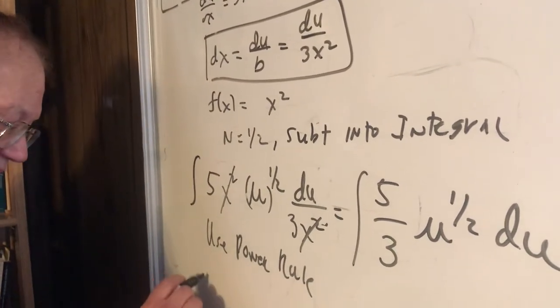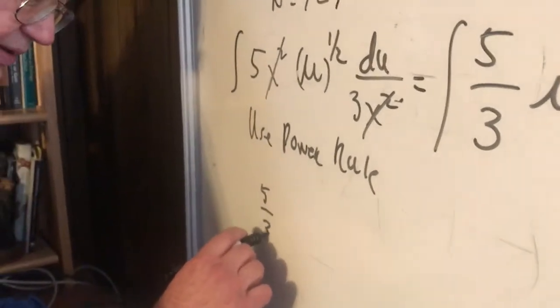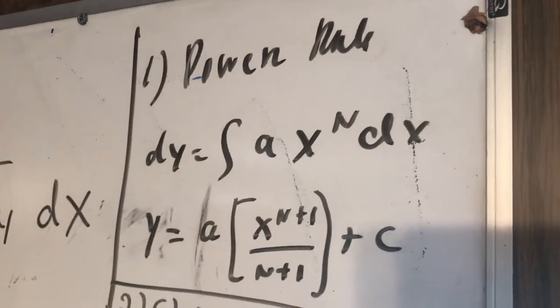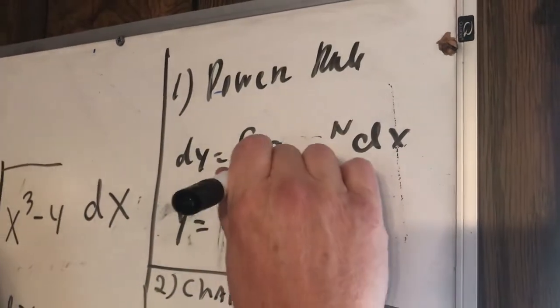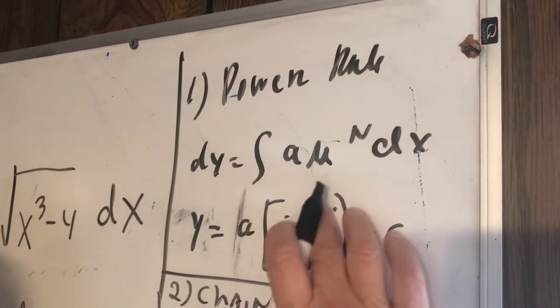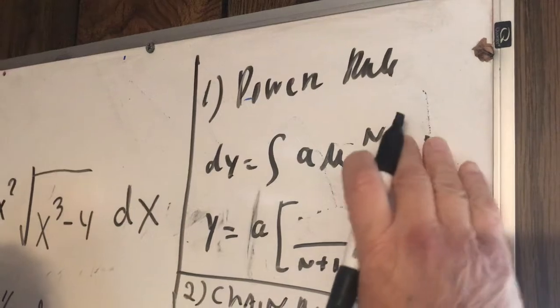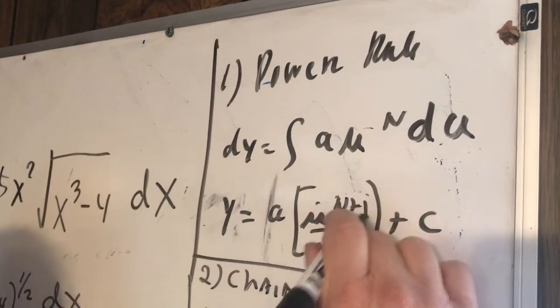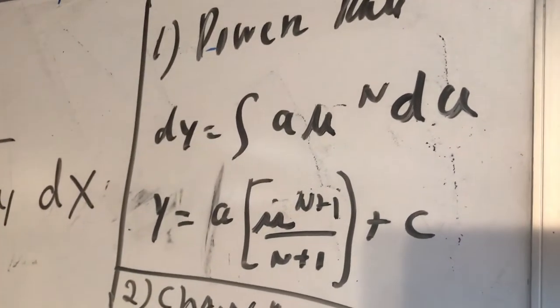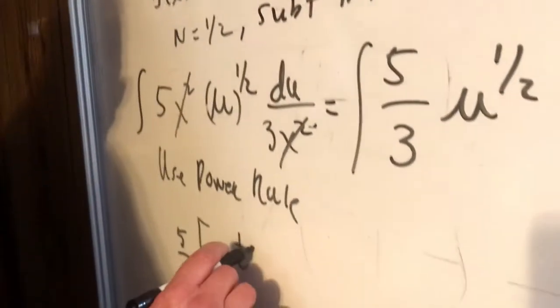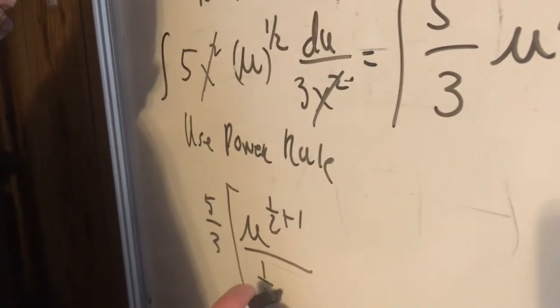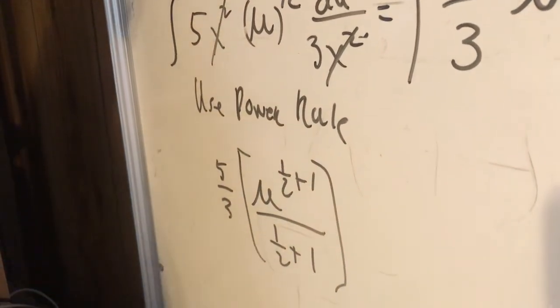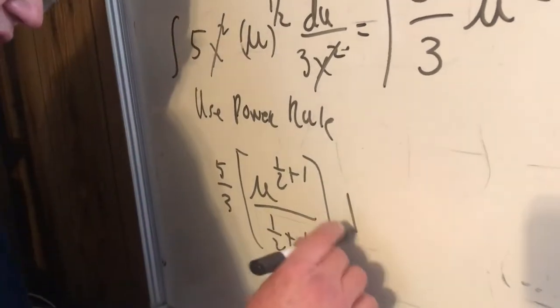So in that case, the power rule is going to be 5/3, which is A, with the power rule applied to u. And we'll make it general, so it could be any value, not only x, it could be y, z, p. So this is going to be u to the 1/2 plus 1 divided by 1/2 plus 1, the u goes out, plus c.